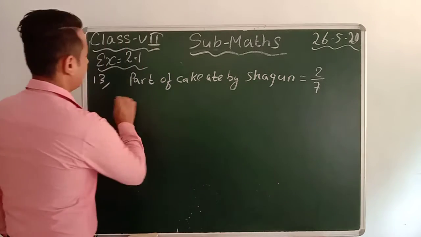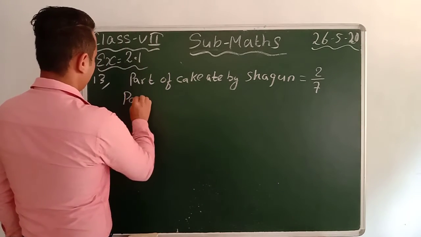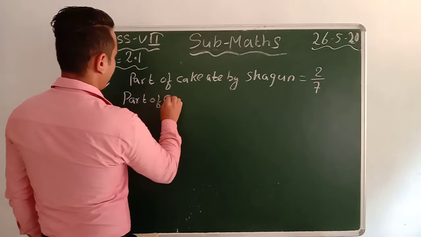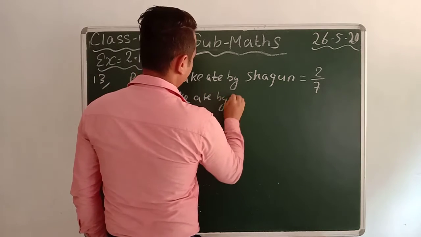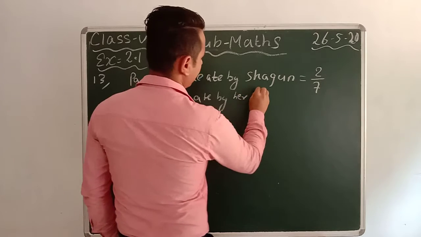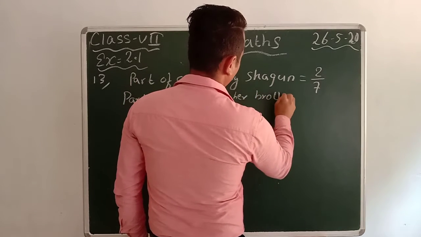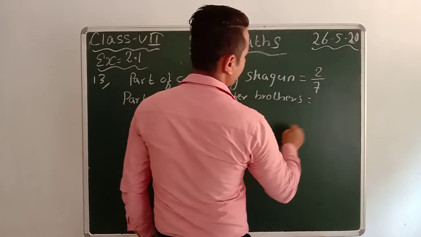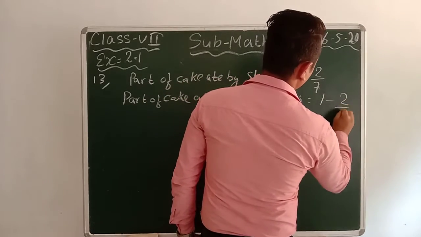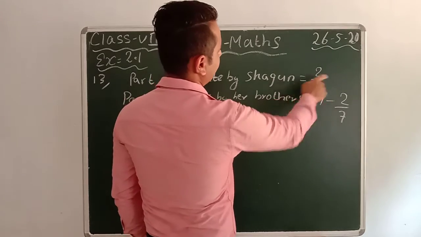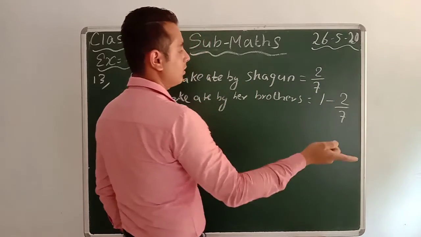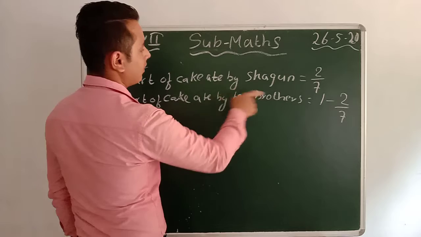So part of cake eaten by her brothers is equal to 1 minus 2 by 7, because out of the whole, 2 by 7 is taken by Sagun, so the remaining will be taken by her brothers.